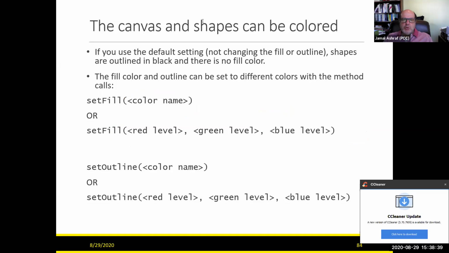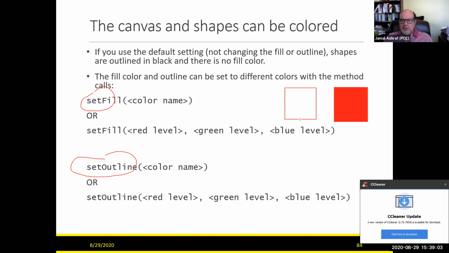So we can use it for set fill. We can use it for set outline. So if I have a shape like this, I can do my outline, or I can fill my shape with the color. So the set fill is going to be red in this case.